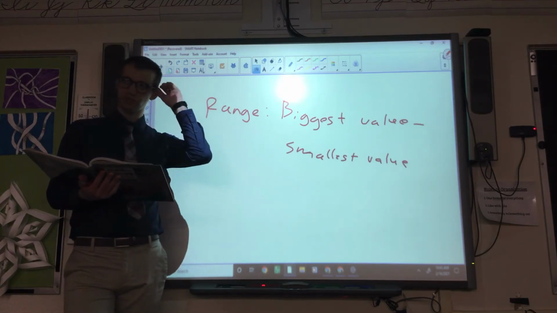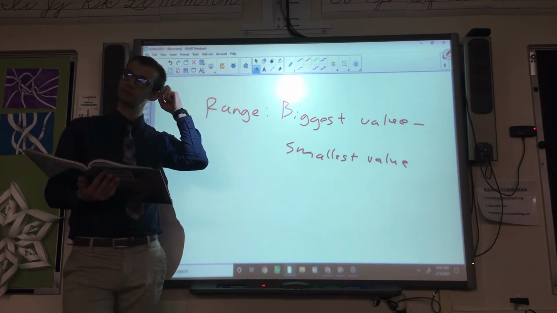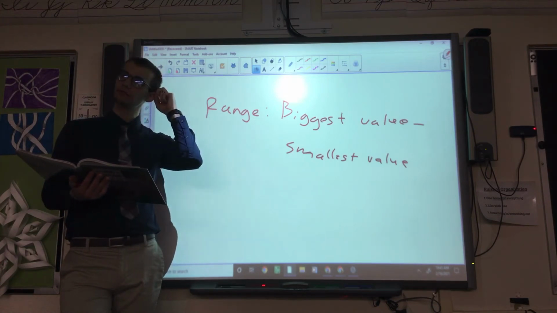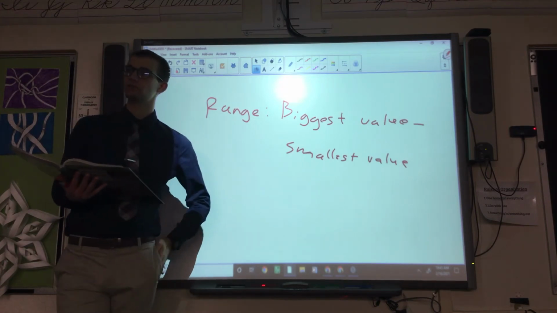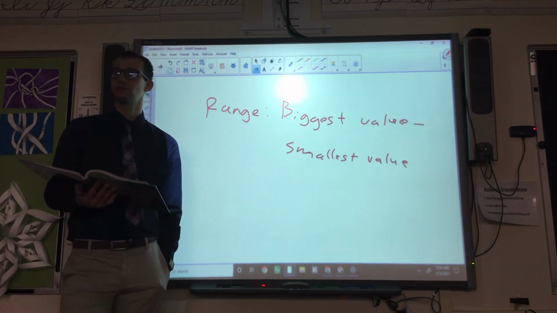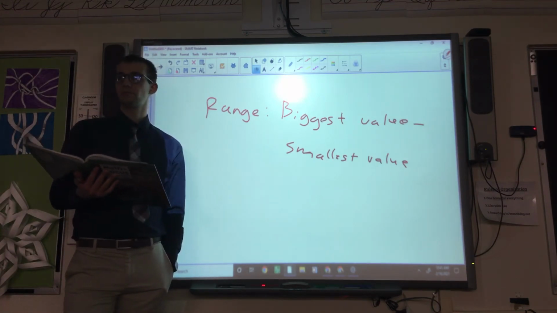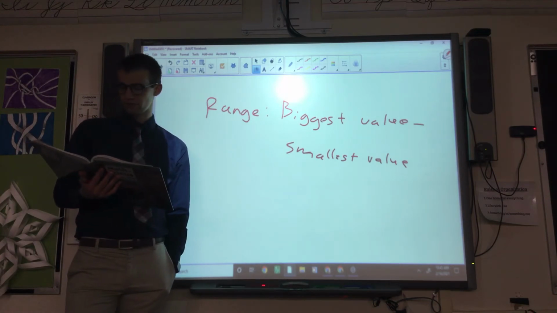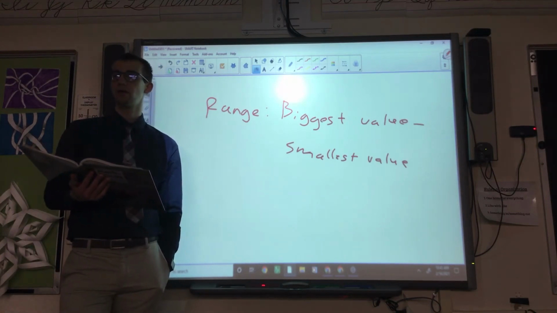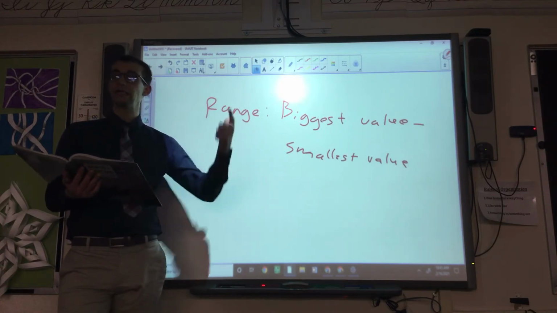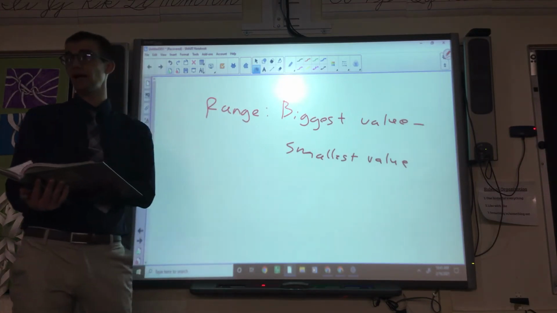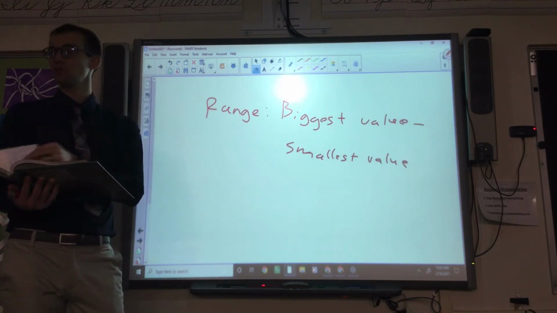You can't figure it out if you're not looking at the bottom of the page. 89, and the lowest? Nope, there's one lower than 60. 54. 89 minus 54 gives you 35. So the range is 35.